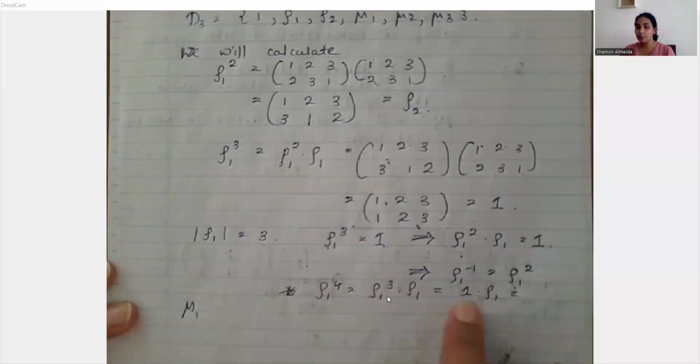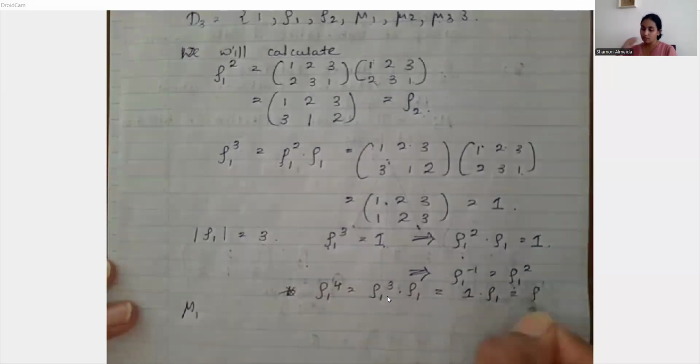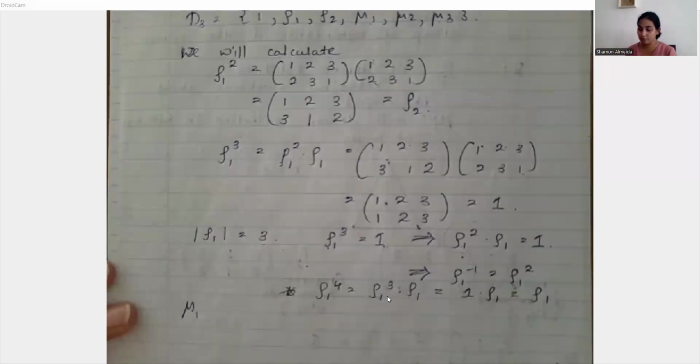Because this is the identity permutation, the identity function, when you take the composition with that, you get this function itself. This is why we call this the identity of this given group. Therefore, any other power of rho 1 will end up being either the identity, rho 1 or rho 1 squared. So these three are the only distinct elements that you can get in terms of rho 1.